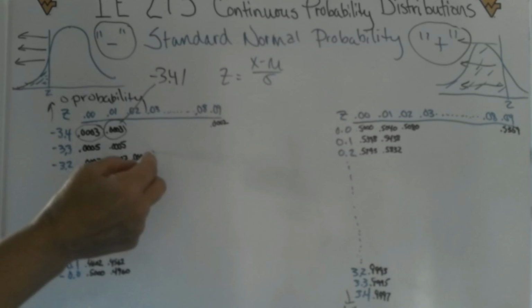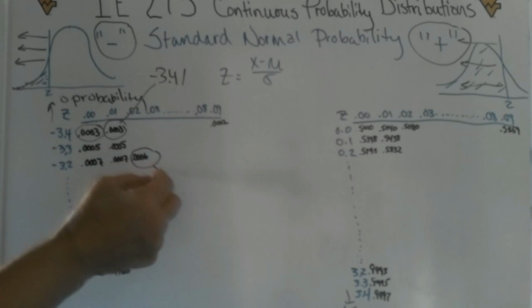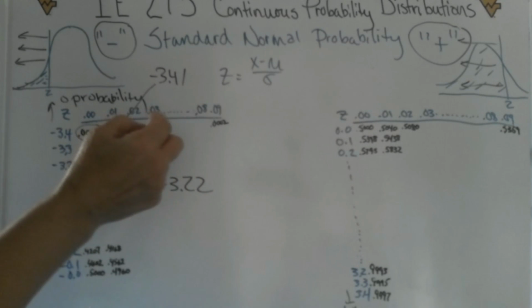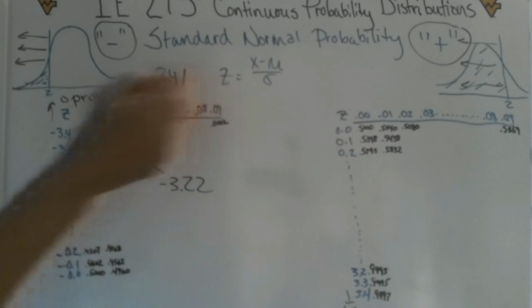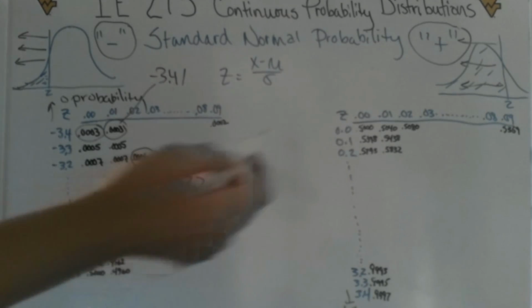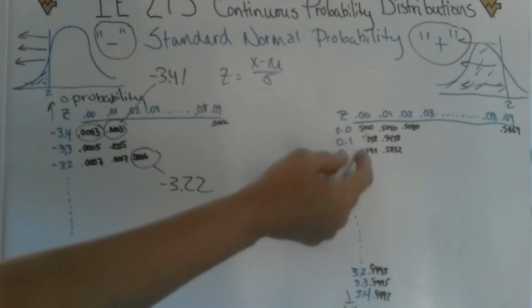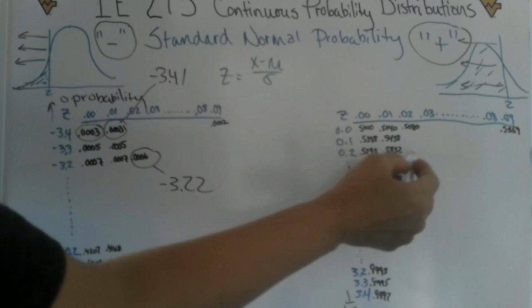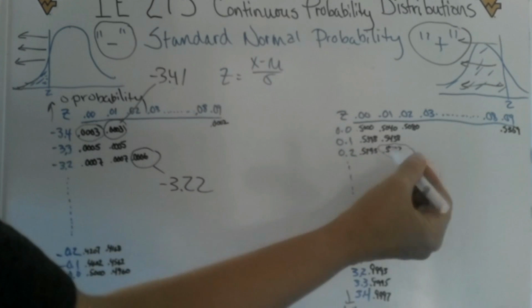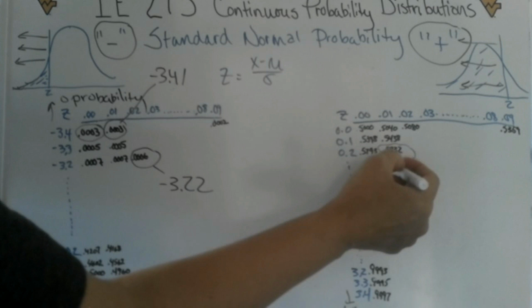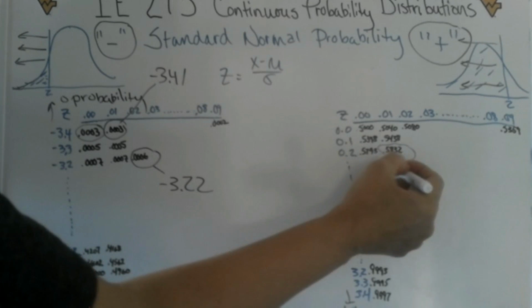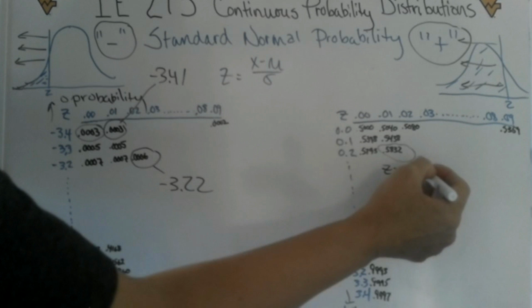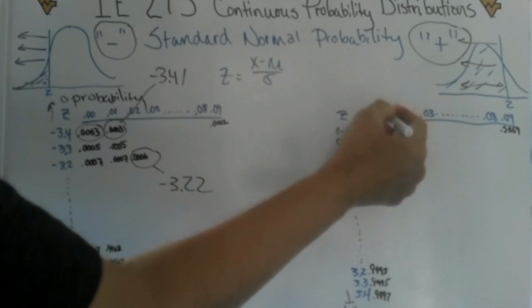This point would represent negative 3.22. This is the hundredths decimal of your z-value. So over here, for your z-value, 0.21 is this value, so it's your z equal to 0.21. This is your hundredths.